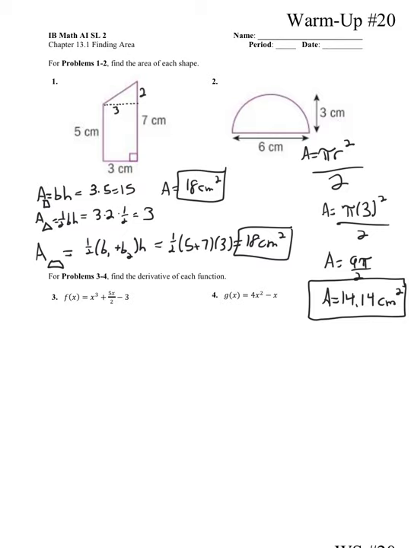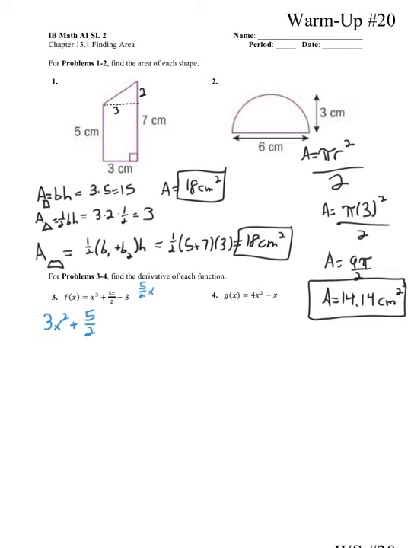Okay, so now problems 3 and 4, find the derivative of each function. For problem 3, we should get 3x squared plus 5/2. It looks weird because it's 5x over 2, but you could just rewrite that as 5/2 times x.